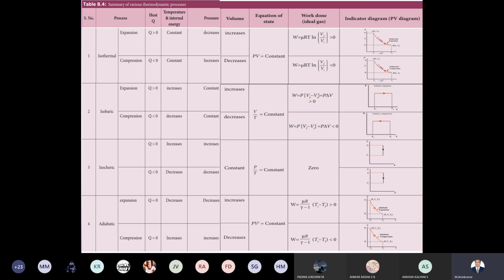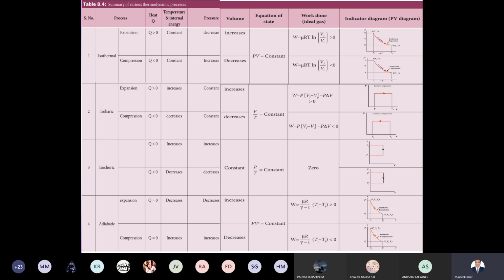After spark plug ignition, the gas inside the cylinder will expand. So the compressed air will expand. That is called an expansion process. So in all types of processes, we have an expansion process and also a compression process.